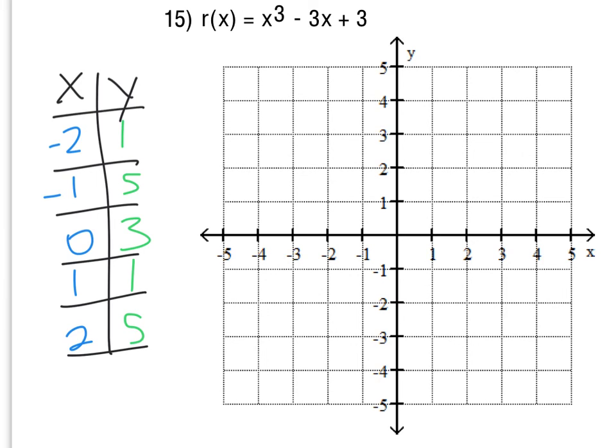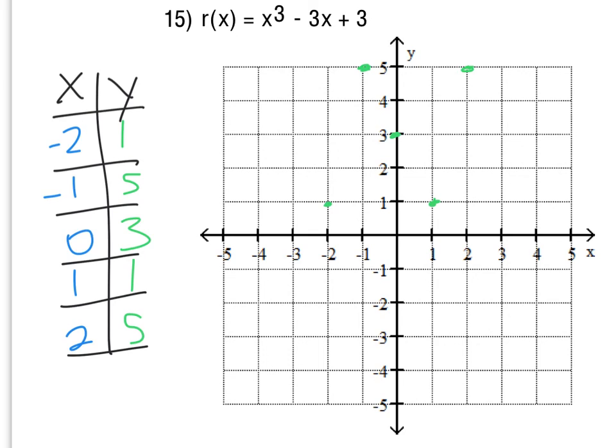Again, feel free to look at the graph to see where those curves happen, but negative 2, 1 is a point, negative 1 goes all the way up to 5, 0 gives me 3, 1 is 1, and 2 is up at 5 again.